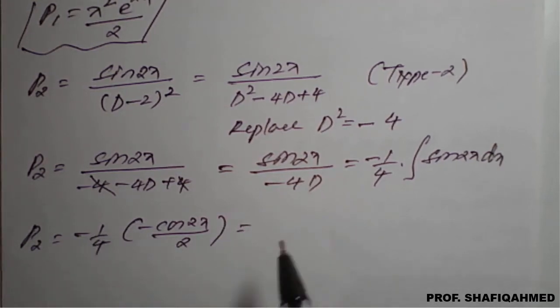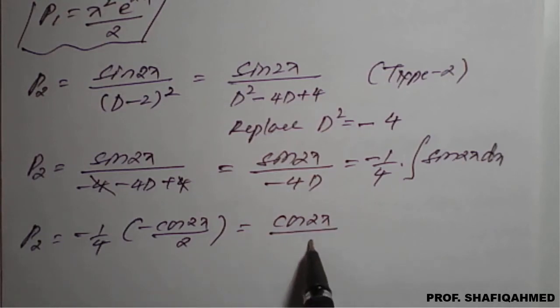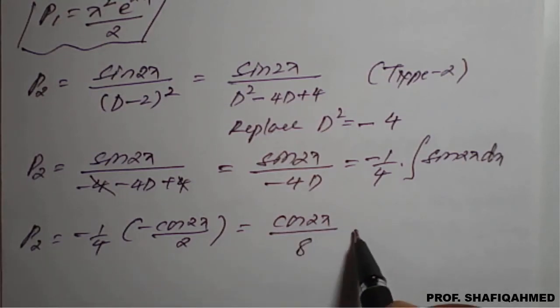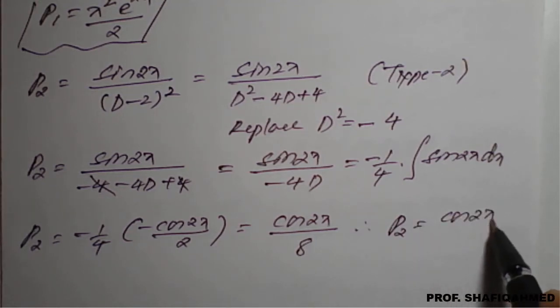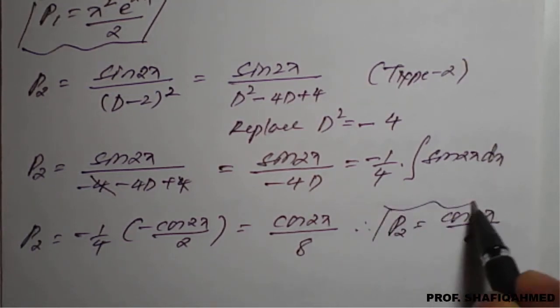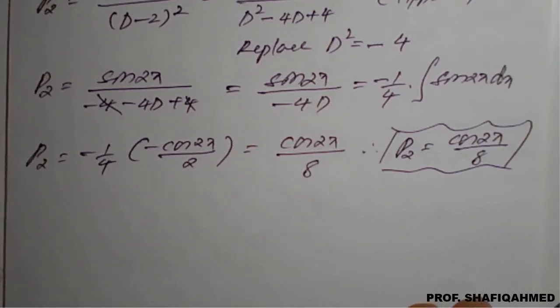So this minus and minus become plus, so it becomes cos 2x divided by 4 times 2, that is 8. So the P2 value will be cos 2x divided by 8. So this is the required P2.